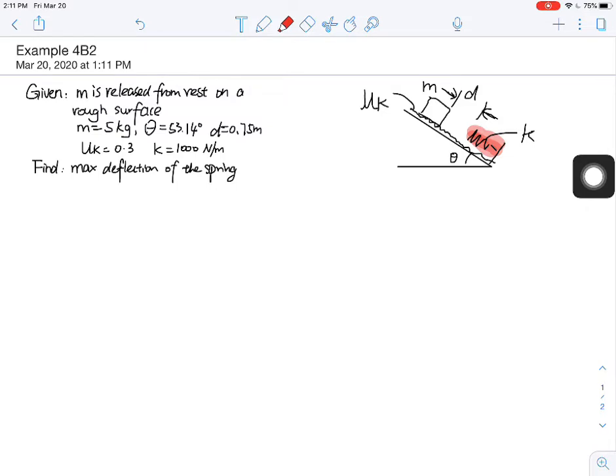In this example, we know the mass of the block, the initial distance from the spring, the spring constant, and mu k, the friction coefficient. We also know theta of the surface. How do we find this maximum deflection of the spring?